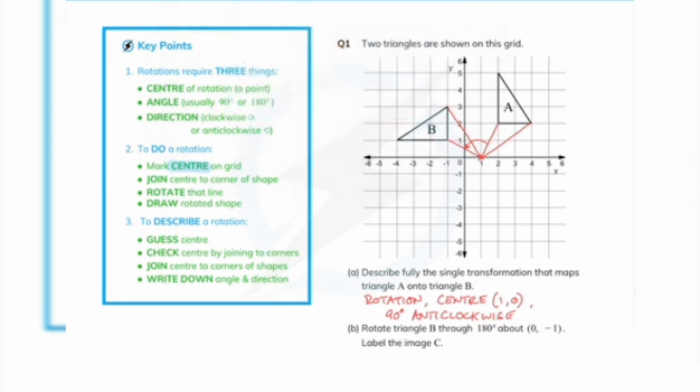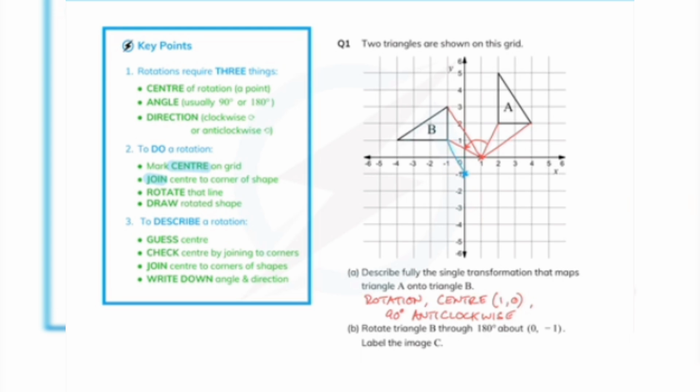I'm going to do this in a different color, so my construction lines are different from the ones we've just done. So I've marked the center on the grid, and now I'm going to join the center to the corner of the shape. It doesn't matter which corner, so I'm just going to join it to that nearest corner.